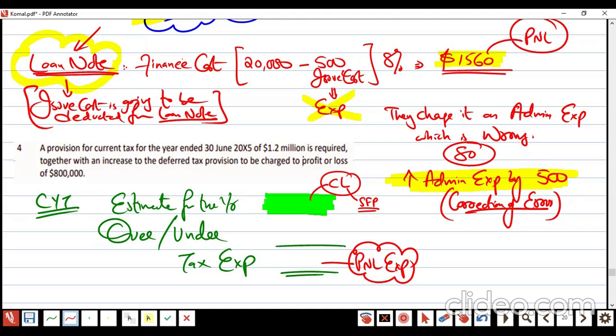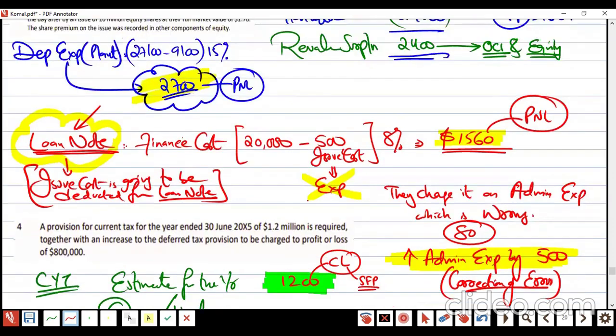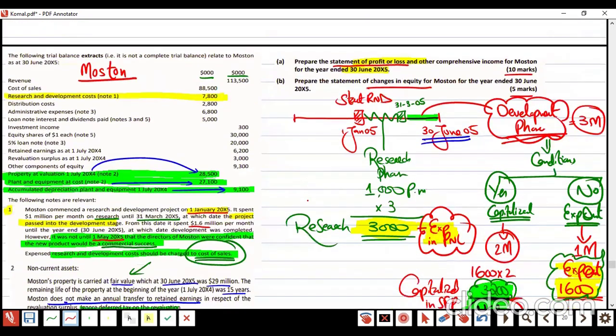Now, estimate is how much? 1,200? Is any current year tax given in the trial balance on the credit or debit side under over?